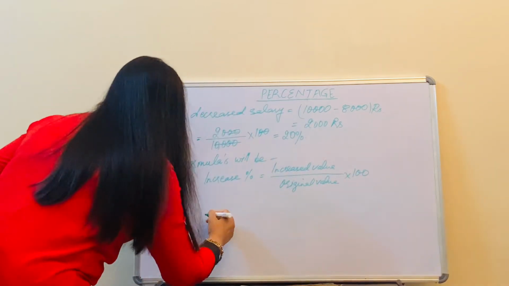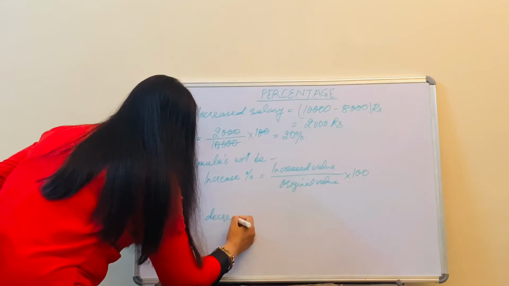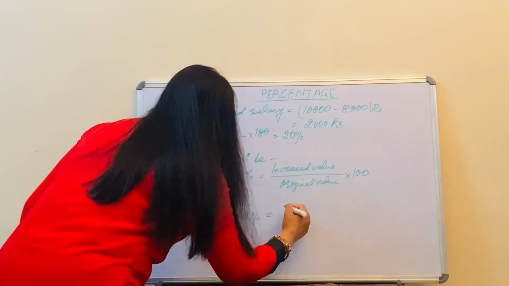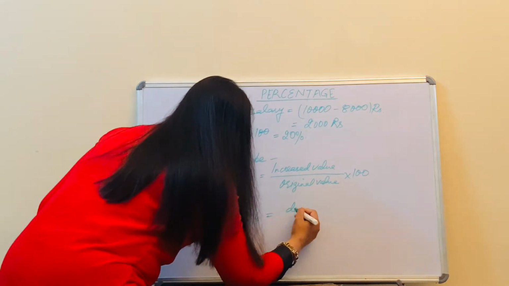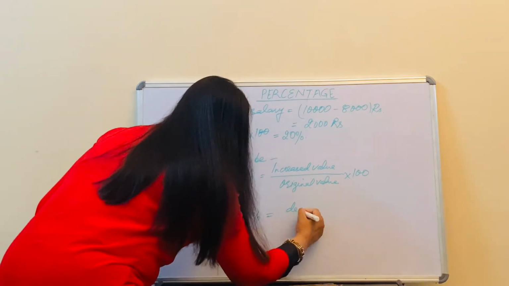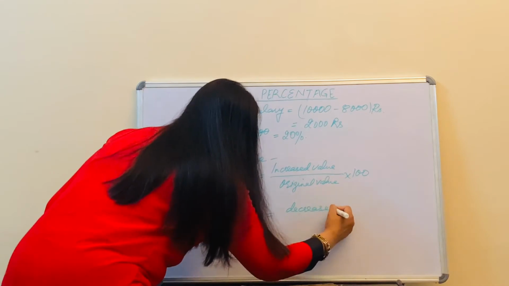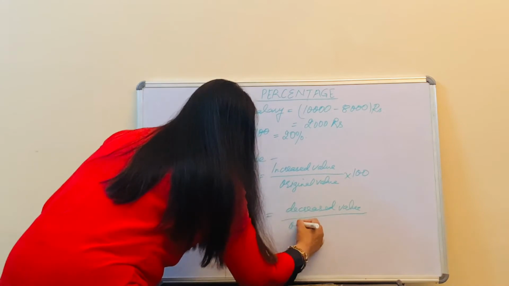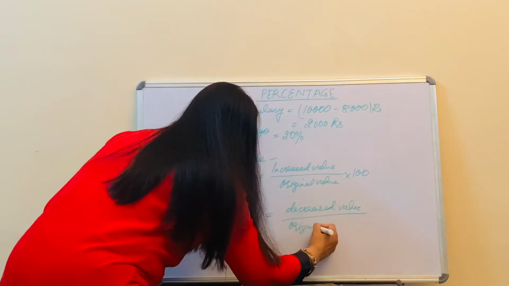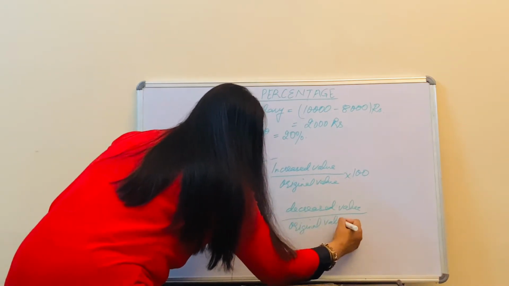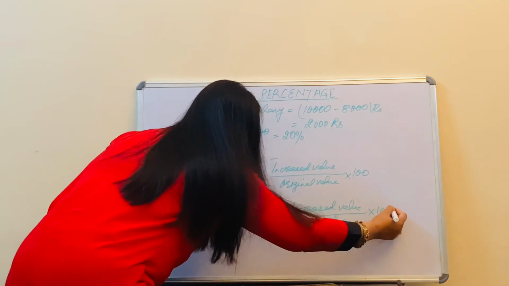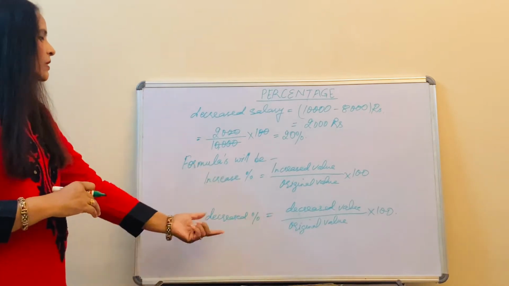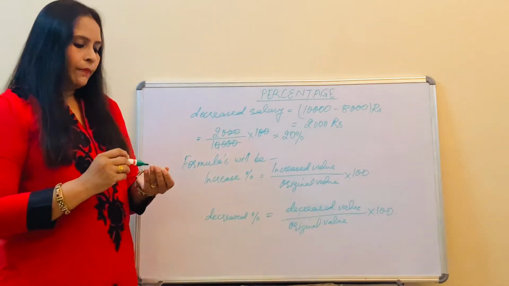In a similar way, the decreased percentage can be calculated as decreased value divided by original value into 100. By these two formulas we can calculate the increase in percentage and the decrease in percentage.